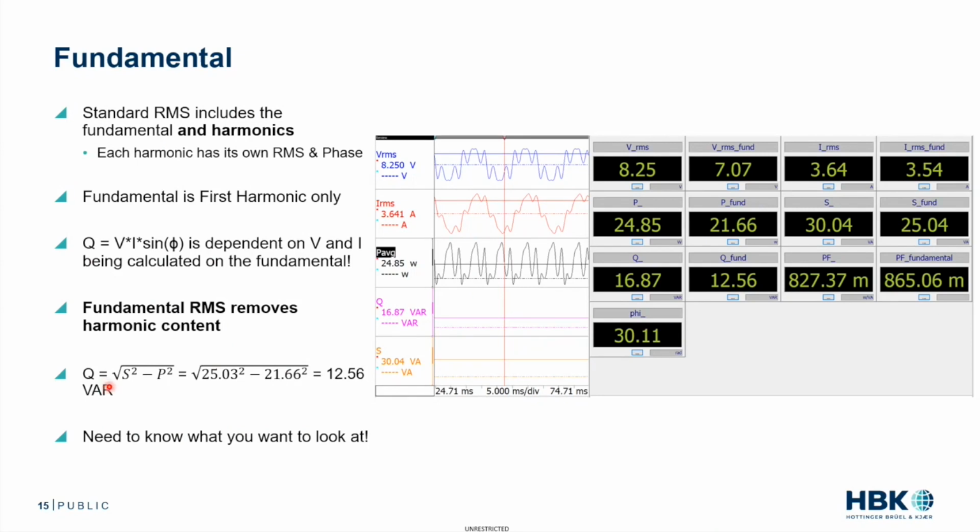And we get the reactive power calculation to be the same as we're calculating here. So you just really need to know what you're looking at. You need to know what you're calculating. These are math functions. They take what you input and they output something. So you need to understand your inputs. So fundamental is a really powerful tool for just looking at that fundamental main power carrying element.